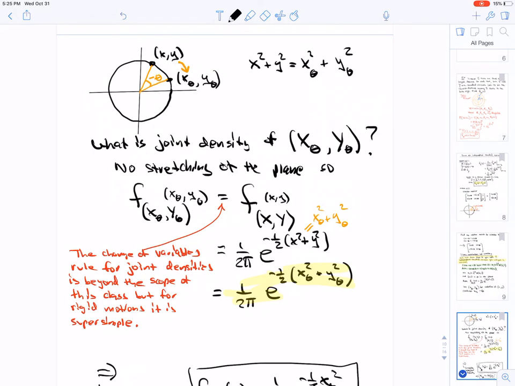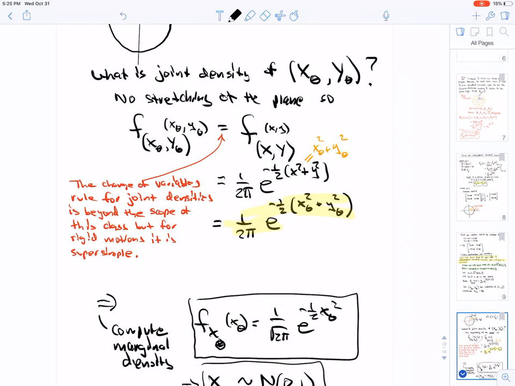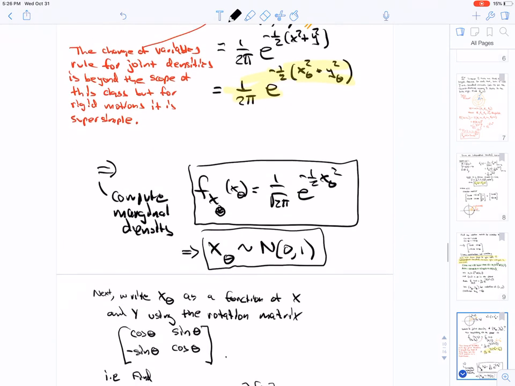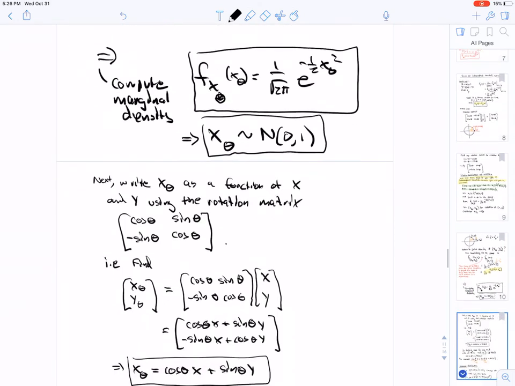There's no stretching. So we get the joint density is 1 over 2 pi e to the minus 1/2 (X_theta squared plus Y_theta squared), and you can compute the marginal density and easily show that the marginal of X_theta and Y_theta is standard normal. So that shows that.